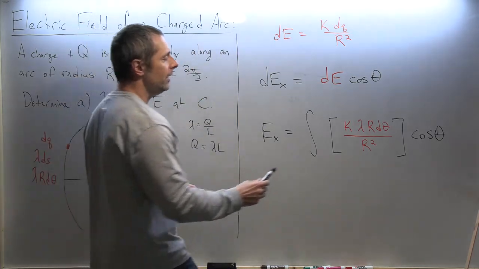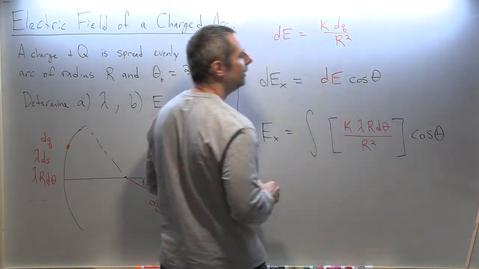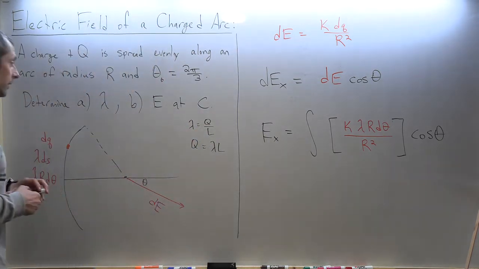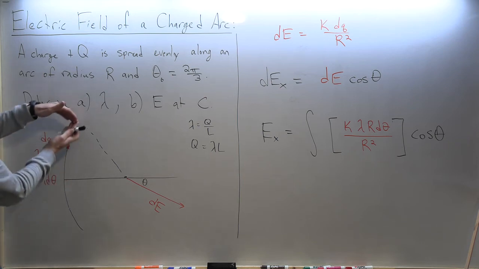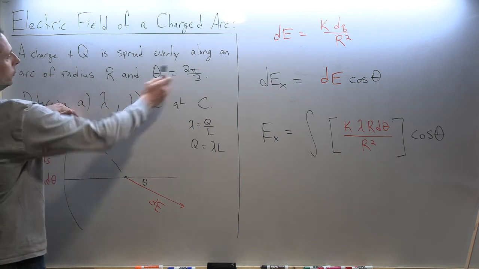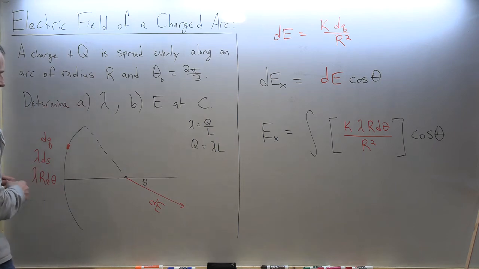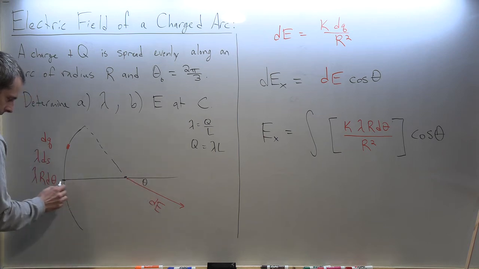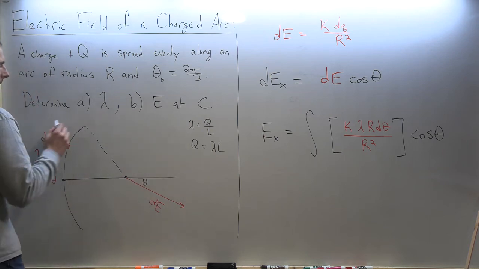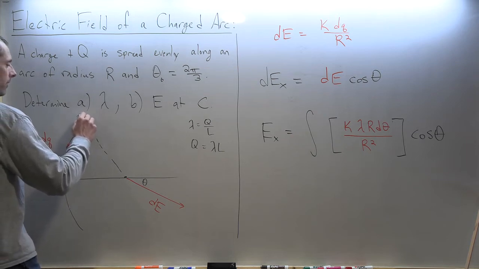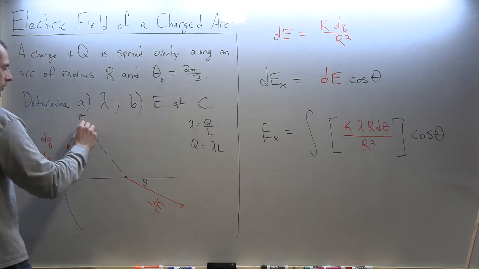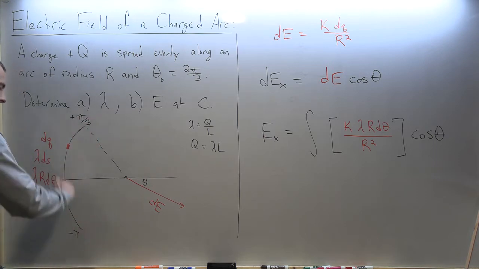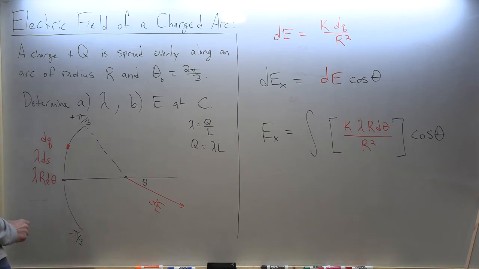All right, now I've got a d theta here and a cos theta, so I could integrate that. But before I do that, we first need to figure out our limits. If this whole arc is 120 degrees, or 2 pi over 3, then starting at theta 0, where we're lined up with this point, this must be that divided by 2, and this is down that same angle of 60 degrees.